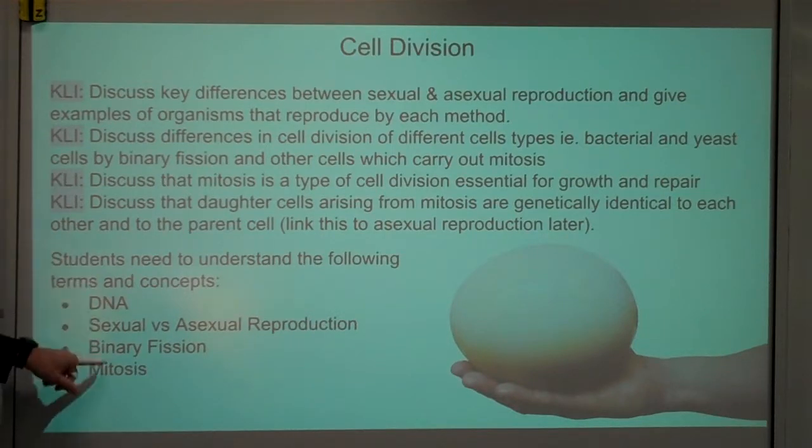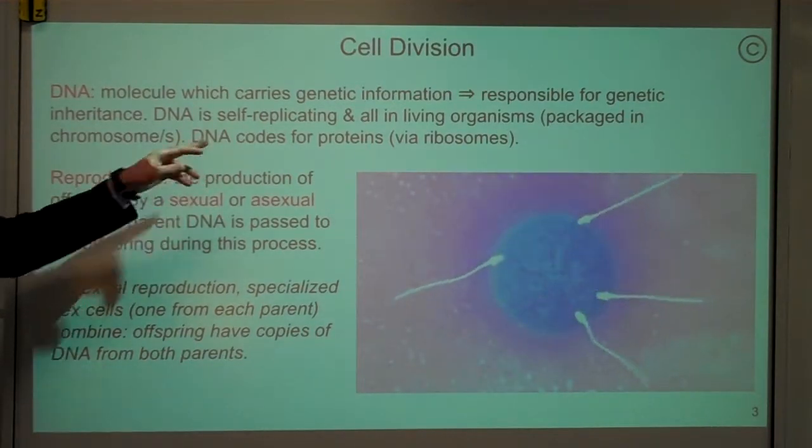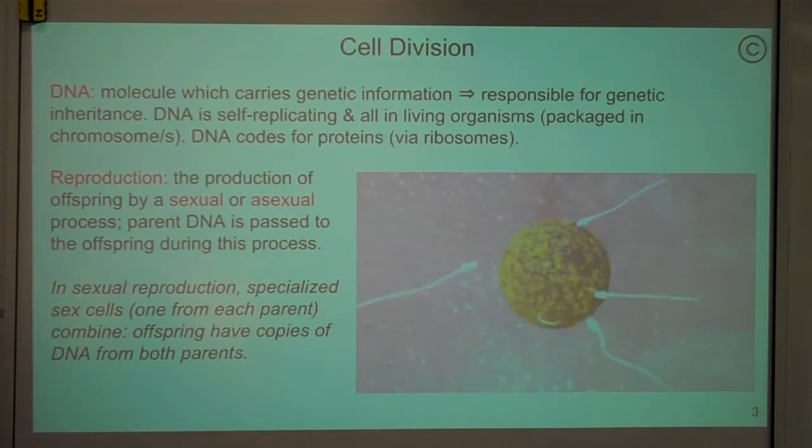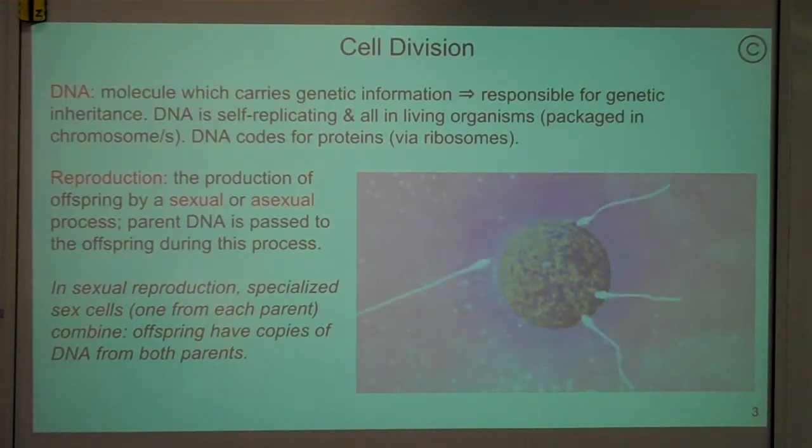There are those key terms again. DNA, we've talked about that before, carries genetic information. It's responsible for passing that between generations. It's also responsible for proteins via the ribosomes. Reproduction can be sexual or asexual. The parent DNA is passed on to the offspring.